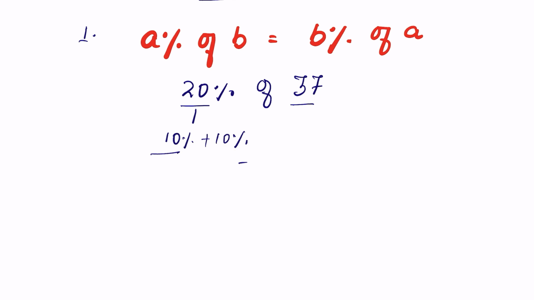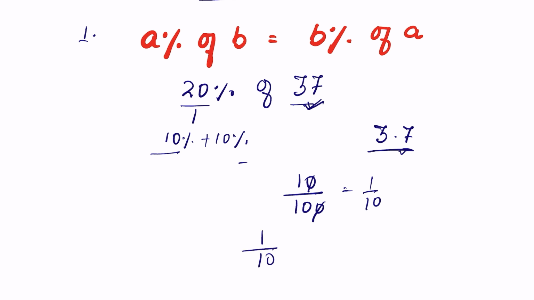Now 10% of 37 will be, you just have to put one decimal and it will be 3.7. 10% of 37 will be 3.7 because 10% is 10 upon 100, that means 1 upon 10, and 10% of 37 will be 1 upon 10 times 37. That is 37 upon 10 and that is equal to 3.7.